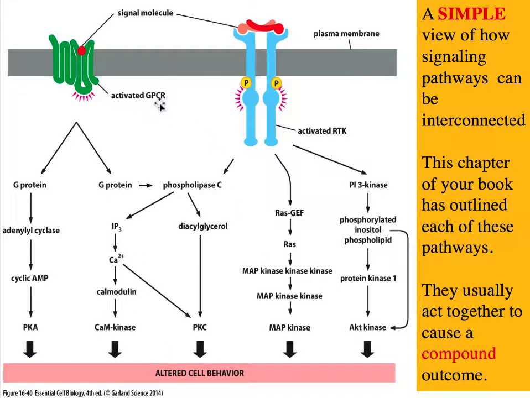So the take-home message from this is that a single cell, which may have up to 10,000 different types of receptors, both on the surface and in the cytosol, how that cell responds is a very compound outcome. From one second to another, the combination of signals and their interplay in the cytosol will decide the outcome. That is the ultimate take-home at this time.